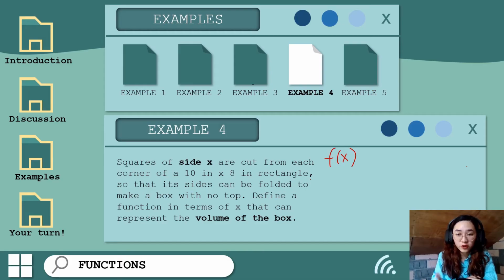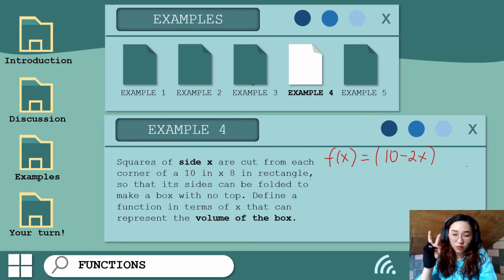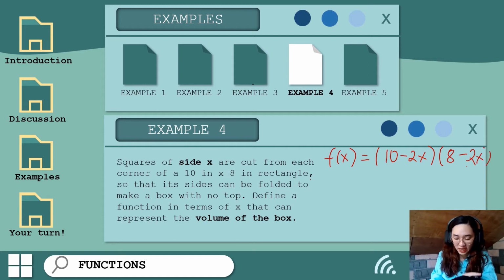We all know that the volume of the box is length times width times height. And since squares of side x are cut from each corner of our rectangle, the length will give us 10 minus 2x. Ayan, nabawas ng dalawang x, kasi from each side. At gayon din, ang width naman natin is 8 inches minus 2x din. Nabawasan din siya from each side.